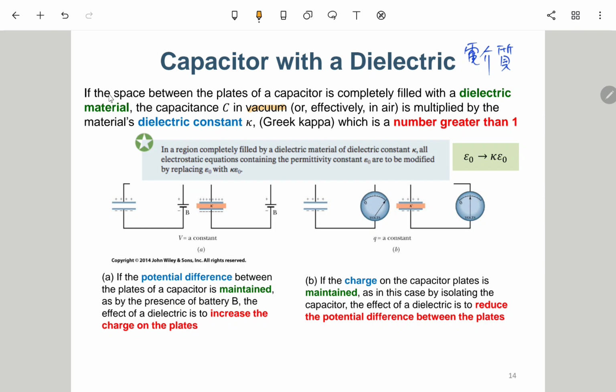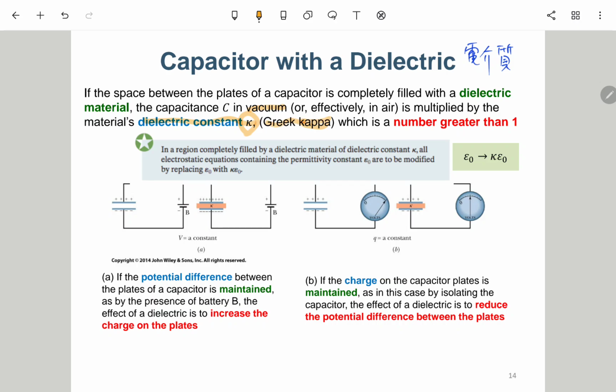So it said if the space between the plate of a capacitor is completely filled by dielectric material, the capacitance C in vacuum or effectively in air is multiplied by the material dielectric constant. Okay, and this dielectric constant we call kappa, not K. Okay, it is a Greek letter, kappa.